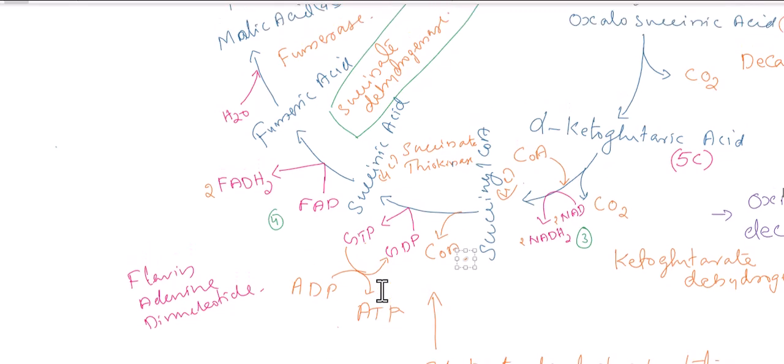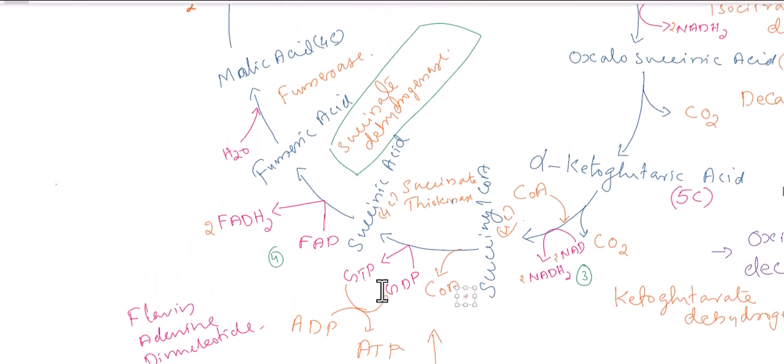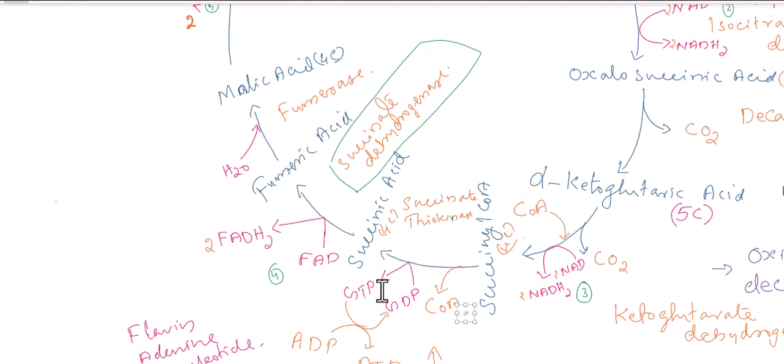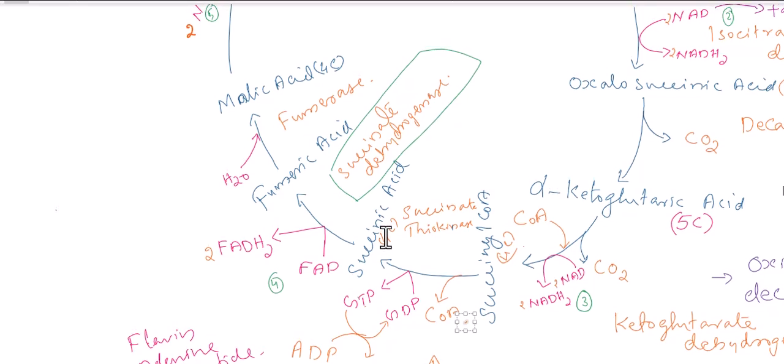Succinic acid is again a 4-carbon compound. Succinic acid becomes fumaric acid.